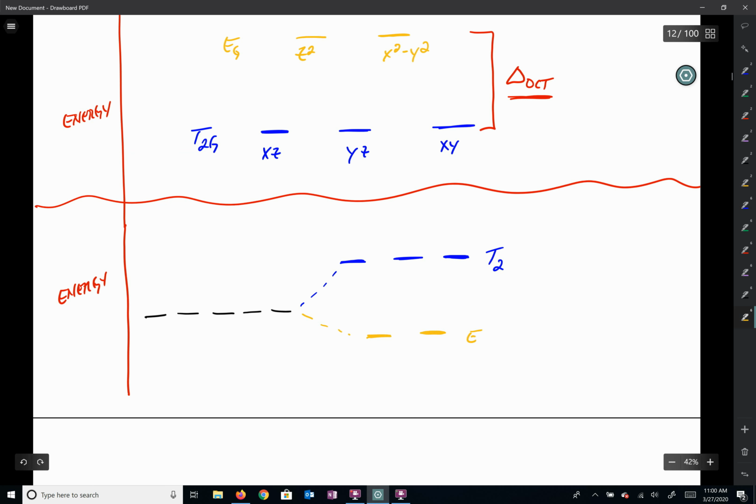Now these aren't EG and T2G because there is no inversion center in a tetrahedral geometry. So if we don't have inversion centers, then we can't say something is EG or T2G, right? It's just E or T2, okay? The T still means it's triply degenerate. It still refers to the three orbitals, okay? And the E still refers to the z squared and the x squared minus y squared.